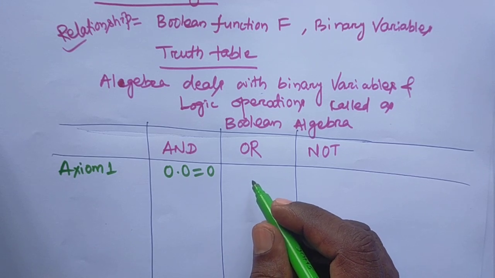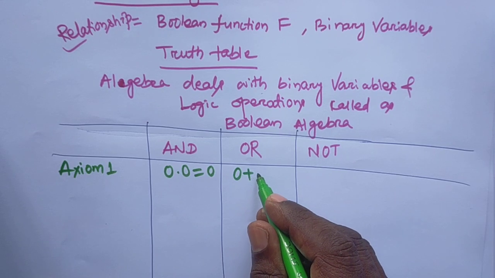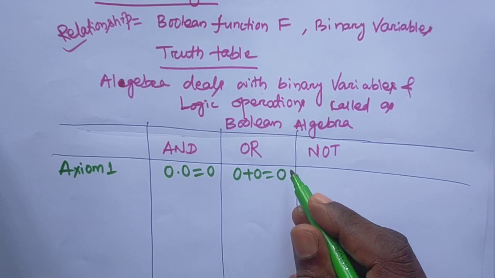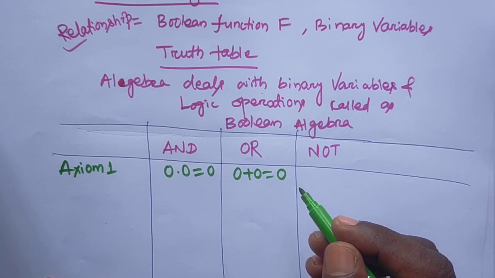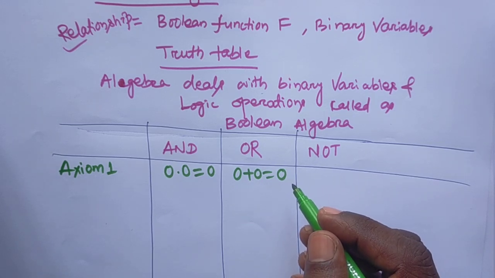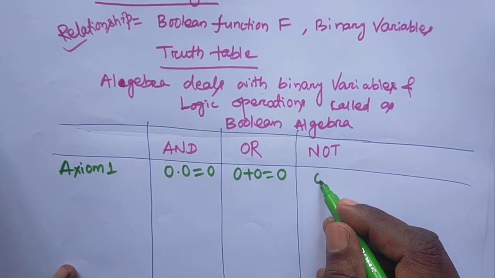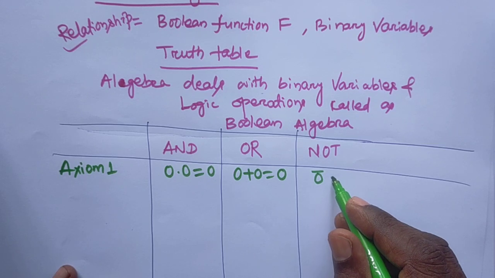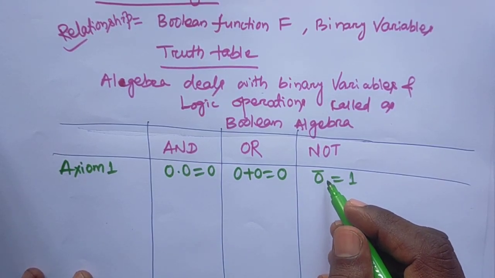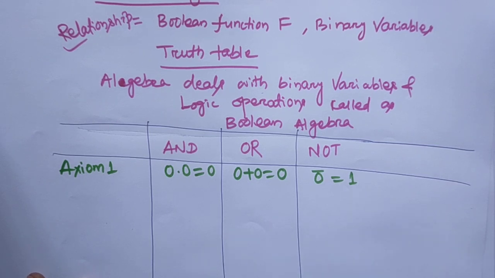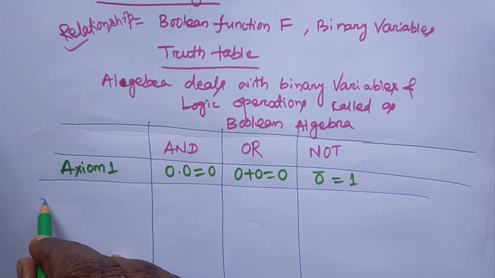Similarly, for OR, we write 0 plus 0 is equal to 0. If we consider the NOT operation, then what happens? Same 0, we get NOT 0, that is 1. In this way we can define the different axioms.